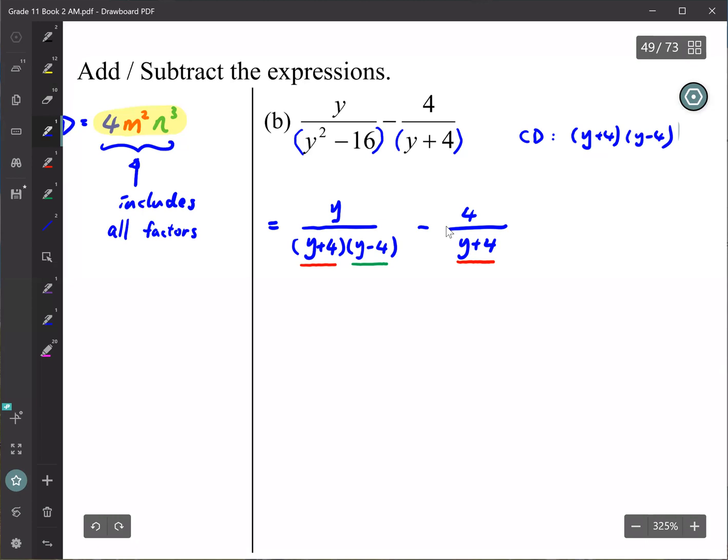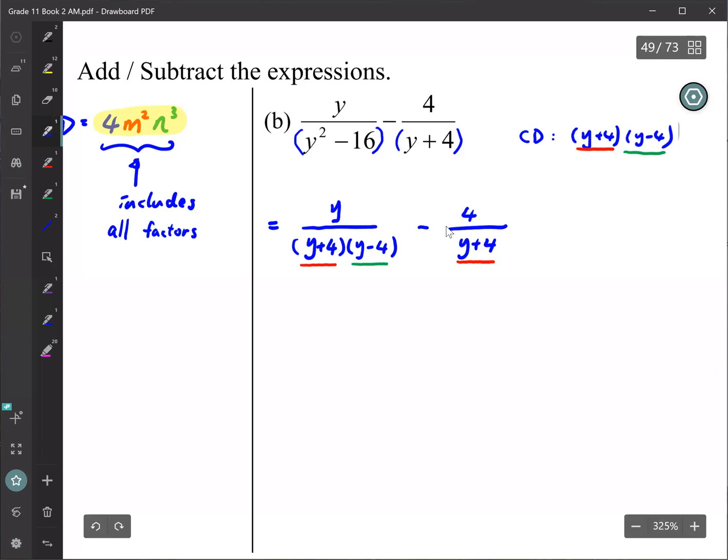Inside this common denominator, I can see the denominator for the first fraction, red and green. And inside there, I can also see the y plus 4 for the second fraction. So that's enough to include.